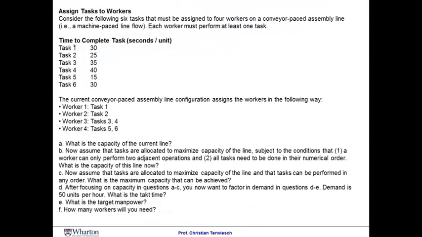Alright, the last question is a line balancing question. You see that there are 6 tasks given to you and a current assignment of tasks to workers. Your job is to balance the line. In the second part of the question, you are supposed to compute the takt time and the target manpower calculation. Now, a word of caution as you start the optimization here to maximize capacity given these 4 workers.